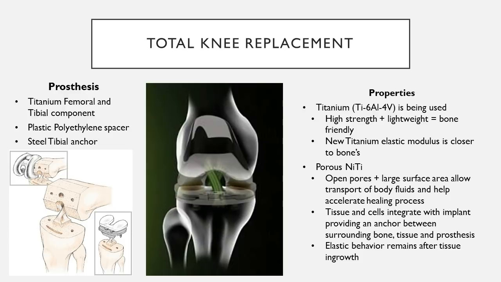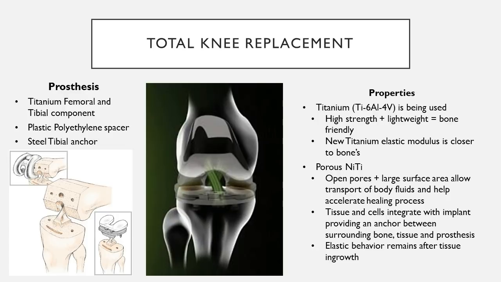So to demonstrate a good application of titanium in biomaterial applications, I like to look at orthopedic applications like the total knee replacement. I think this is a perfect example. In a typical knee replacement, and this sort of schematic can also be generalized for all types of joint replacements, you have sandwiched metal components on both bone sides, and then in between you have some sort of lubricated plastic spacer.